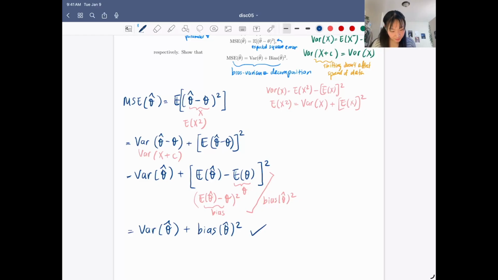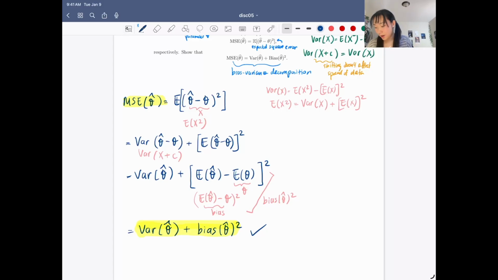Perfect. Let's highlight it to make it clear: the mean squared error is equivalent to the variance plus the bias squared.